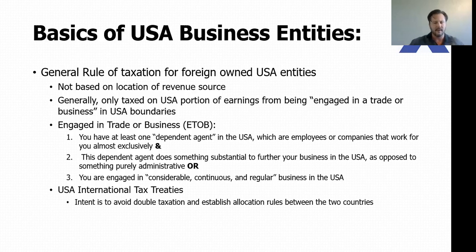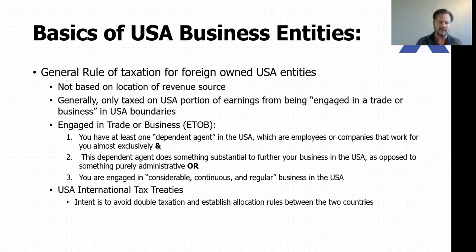And then another component that applies to all entities, whether it be corporations, LLCs, or partnerships, is international tax treaties with the USA. The vast majority of countries have tax treaties with the USA, and they're all pretty similar.